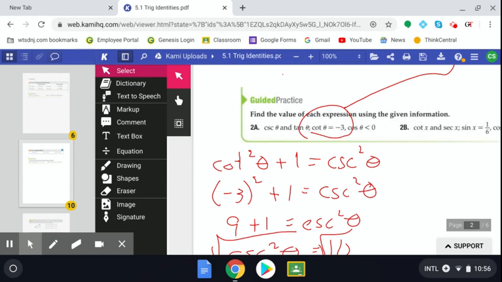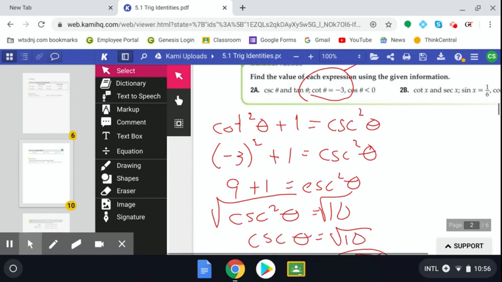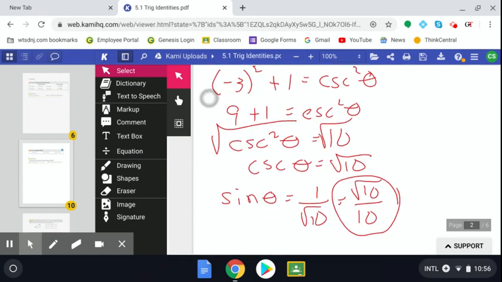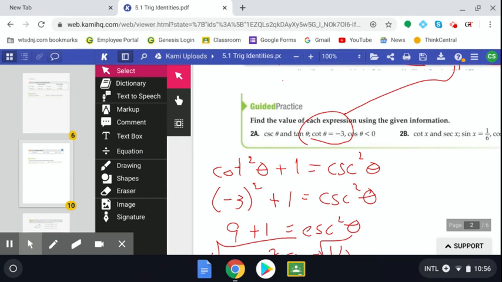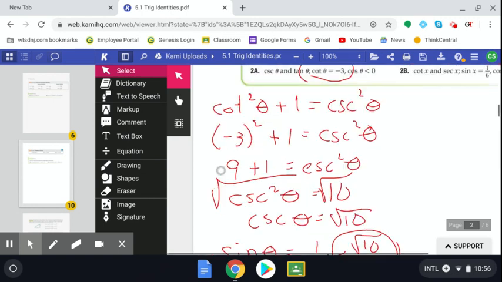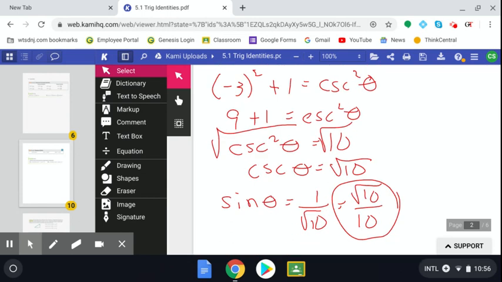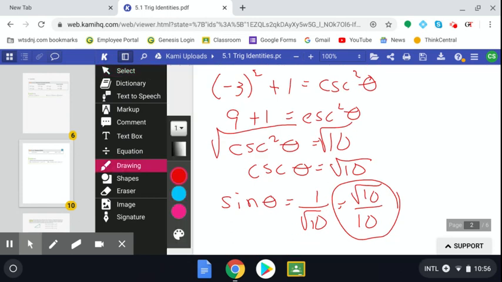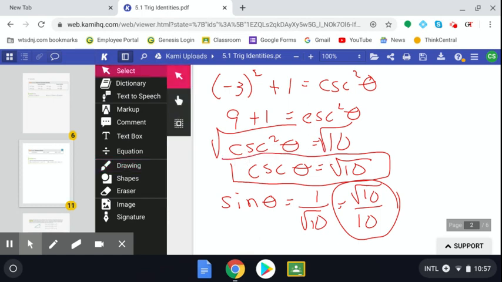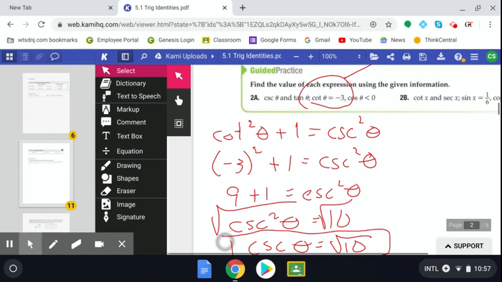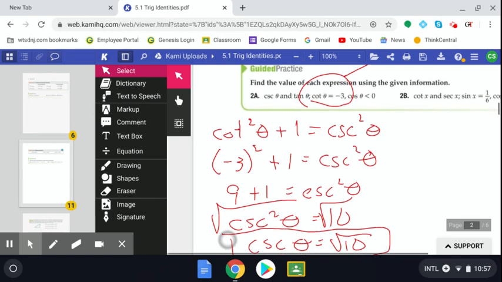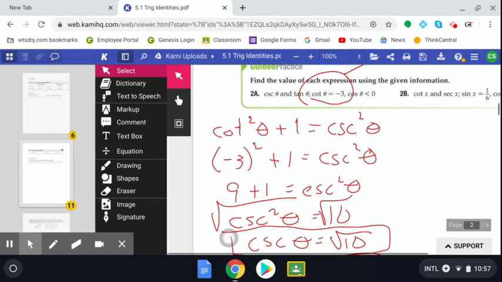All right, so I already found cosecant theta, which was square root of 10, and now they want me to find tangent theta.